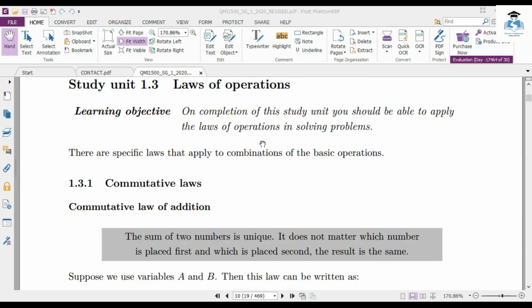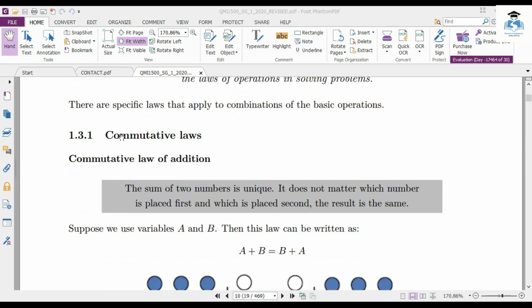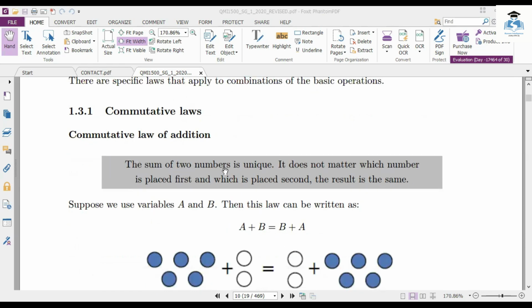Then there is what is known as laws of operations. We've got commutative laws. A commutative law in simple terms is the sum of two numbers is unique.